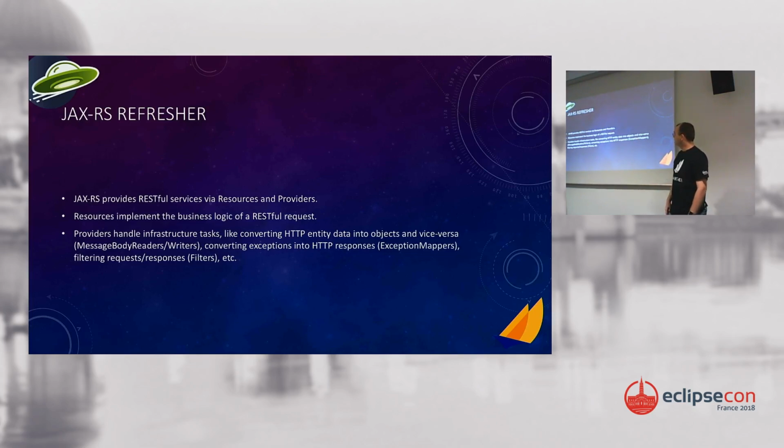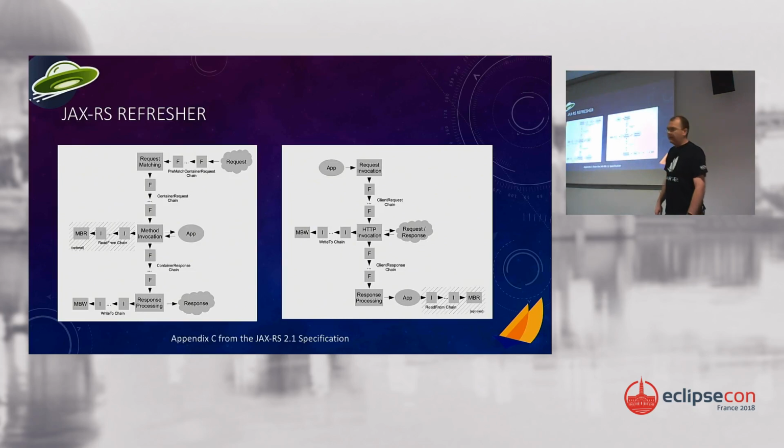JAX-RS 2.0 introduced things like filtering requests with filters and interceptors. To understand the basic flow of JAX-RS, this is taken straight out of the JAX-RS 2.1 spec. It's the same in 2.0. If an inbound HTTP request comes in, it goes through a pre-match container request filter, then through a container request chain.